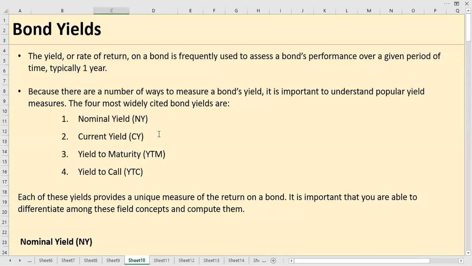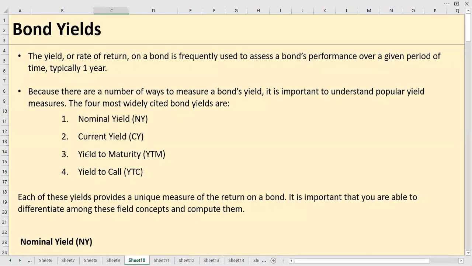Normally, we can identify 4 types of yield for a bond. First one is nominal yield, then current yield, yield to maturity, and yield to call.